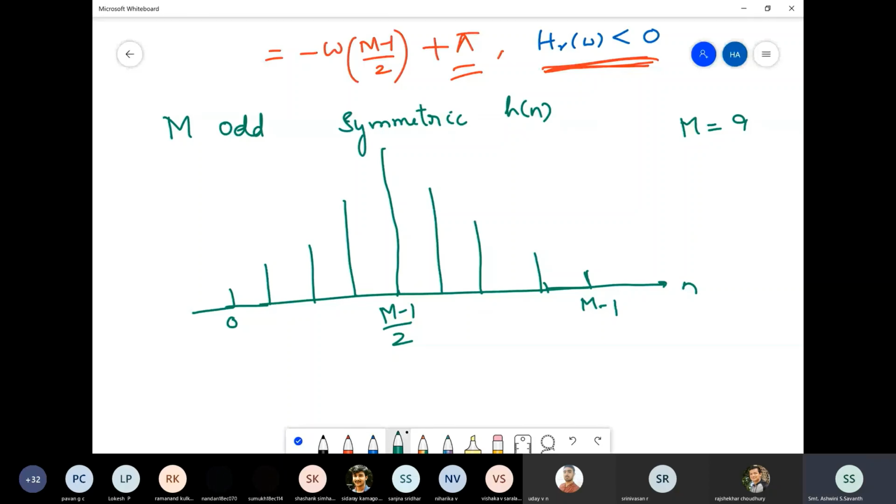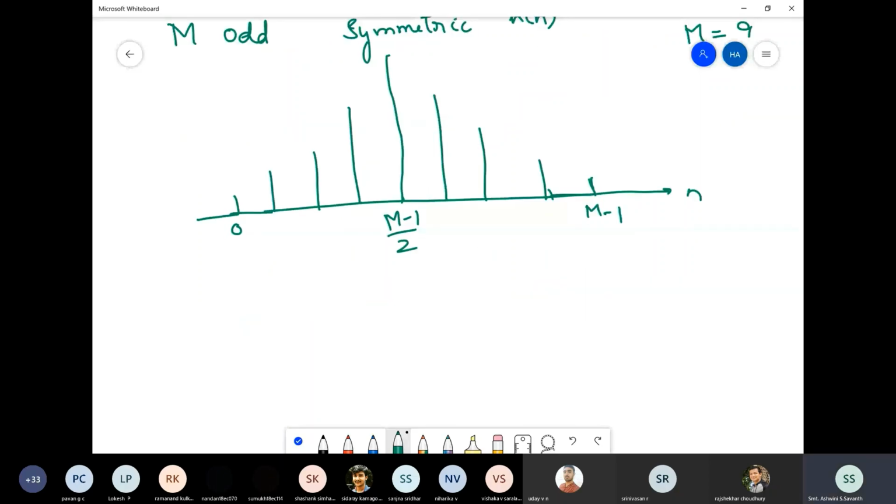So what is H of z? H of z is summation n equals 0 to M minus 1, because there are samples only from 0 to M minus 1 in h of n. That is how the limits on the summation are going to change. H of n z to the power minus n.